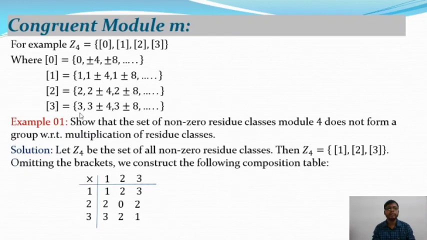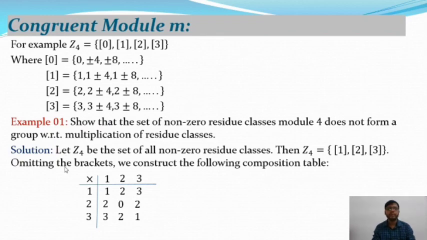And [3] is equal to 3, 3 plus minus 4, 3 plus minus 8 and so on. And [4] is again [0], that means 0 plus minus 4, plus minus 8. This is called congruence modulo 4.